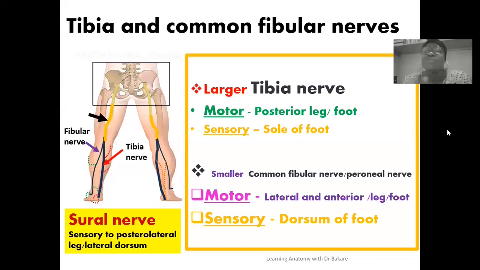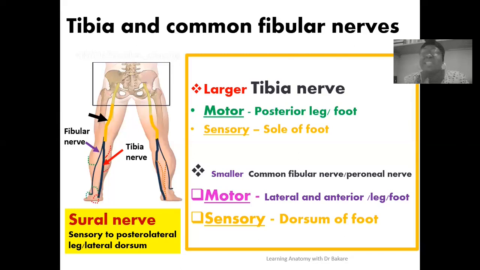So if we try to summarize this slide, you will see that the tibial and also the common fibular nerve are seen to take up different regions of the lower limb. For motor innervations, the tibial nerve is seen to supply muscles in the posterior region of the leg, while the common fibular nerve is seen to supply muscles in the lateral and also the anterior regions of the leg. You can see that for motor innervations, these two nerves are seen to take up different regions of the leg.